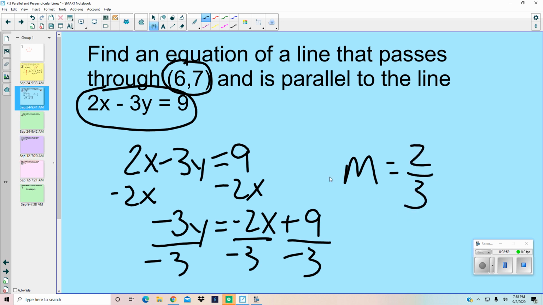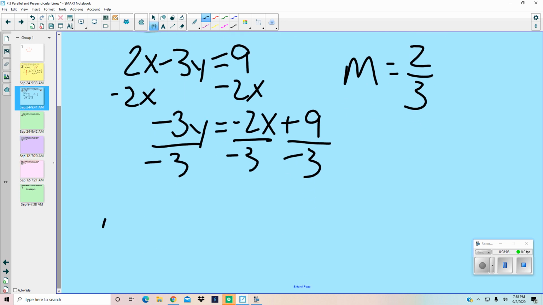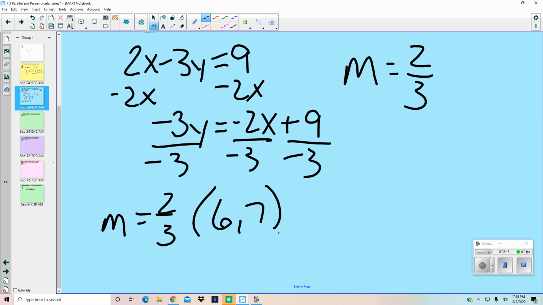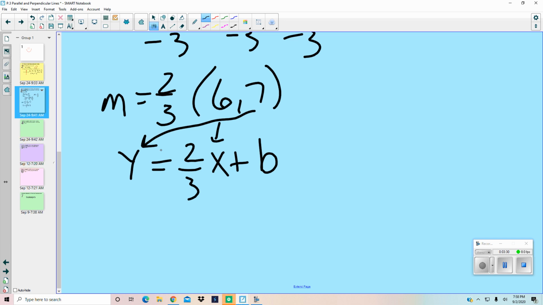Now it says find the equation of the line. We want to find the equation in slope-intercept form. So one method: I have the slope 2/3 and I have the point (6, 7). In Delta Math, they're going to show you that the method for solving is to write out y equals 2/3 x plus b, and then put the 6 in for the x and the 7 in for the y and solve for b.